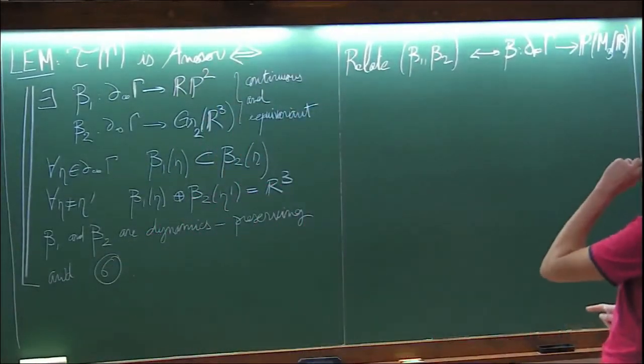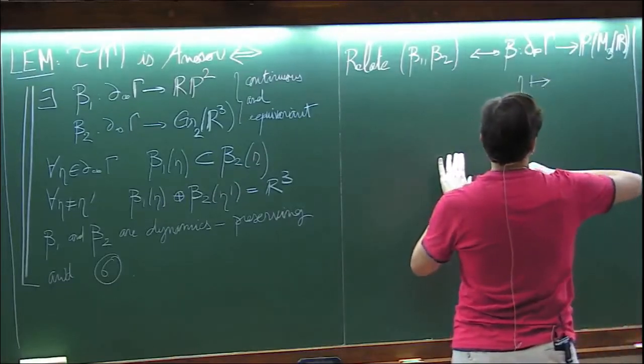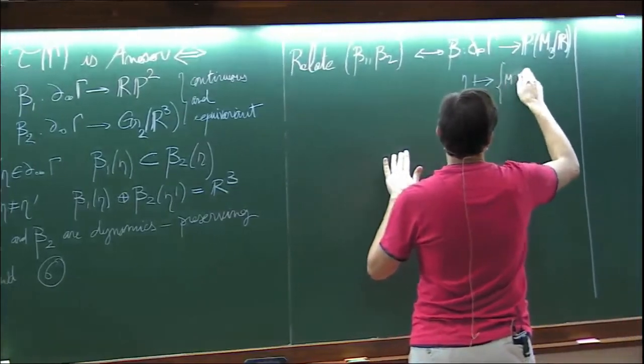And this goes like this. To a point eta, you associate a vector subspace of matrices.